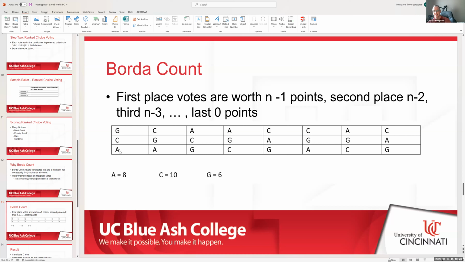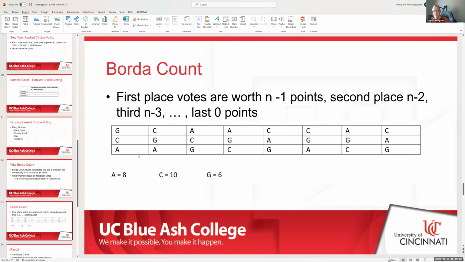Candidate A gets no points from this person, no points from this person, 2 points here, 2 points here, so they're up to 4. 1 point here gets them to 5, nothing, 6, 7, and 8 points.